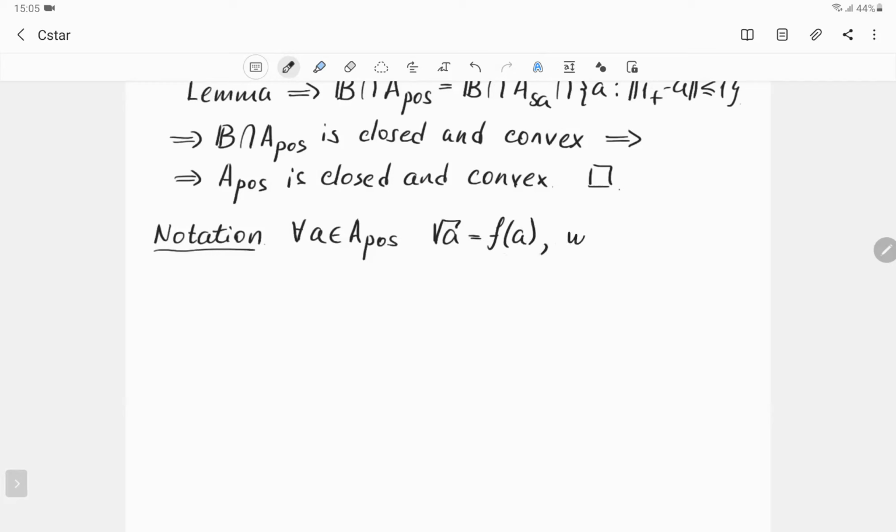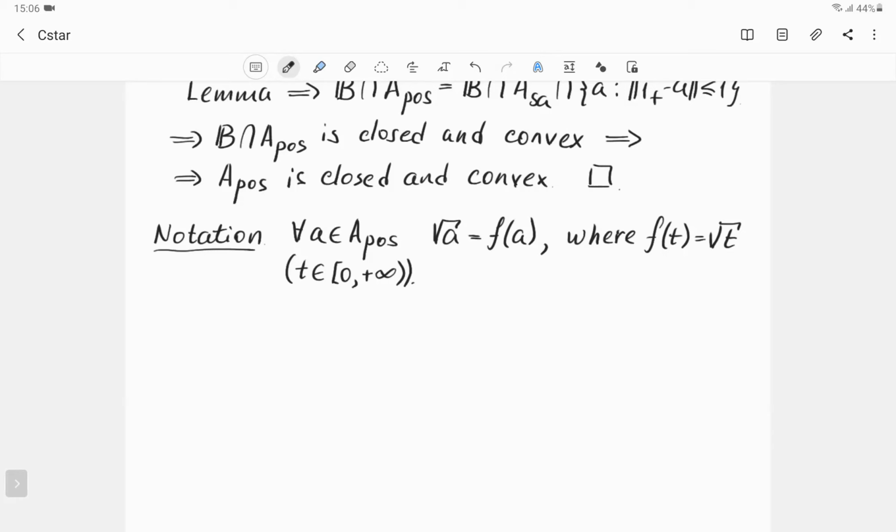So we apply the square root function to A. f(t) is the square root of t for all non-negative real numbers t. So this is well defined because f is defined on the non-negative half line, and in particular it is defined everywhere on the spectrum of A. So we can take the square root of A.